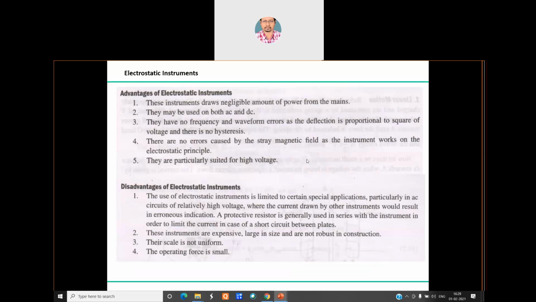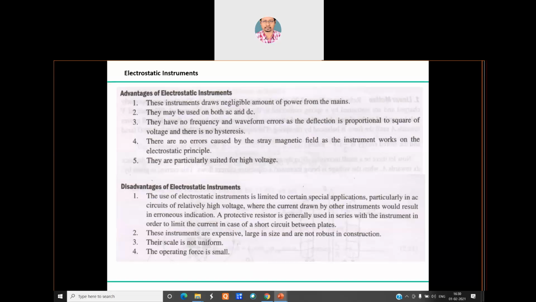Let's see what are the benefits and limitations offered by the electrostatic instruments very quickly. These instruments require a negligible amount of power. That's a good advantage. They can be used for both AC and DC. They have low frequency or waveform error. This is the distinguished advantage of any electrostatic instrument as compared to the previous three you have been seeing, particularly the moving iron and electrodynamic.